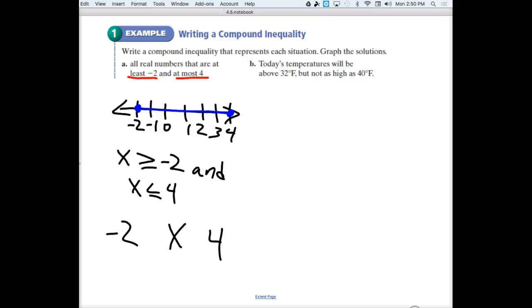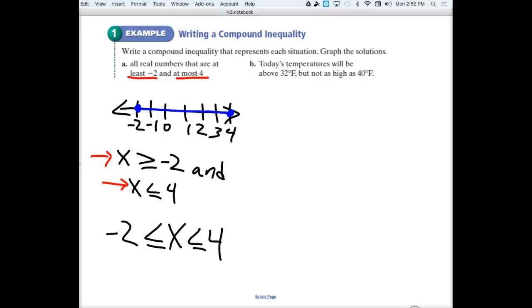So just like right here, x is less than or equal to 4, as well as right here, x is greater than or equal to -2, well, we just have to put the greater than sign on x. And so you can also write your compound inequalities with and as one longer statement like that.